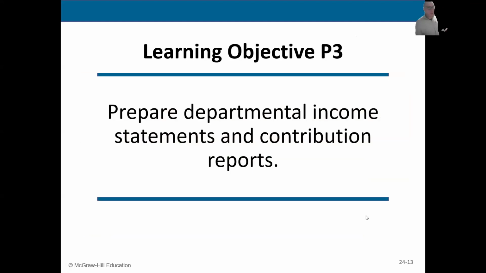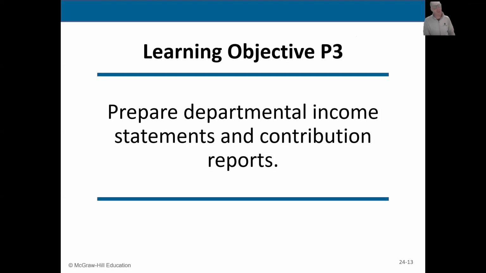So now that we know how to allocate the indirect expenses and the service department expenses, we need to prepare a departmental income statement. Each department has their own income statement.